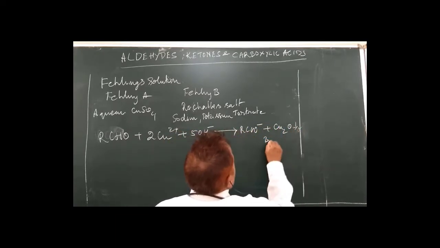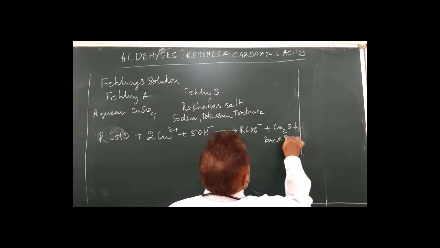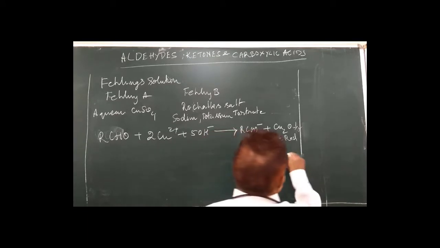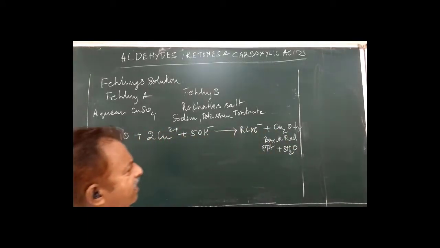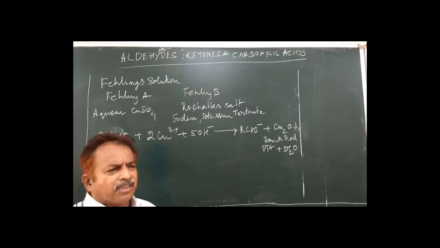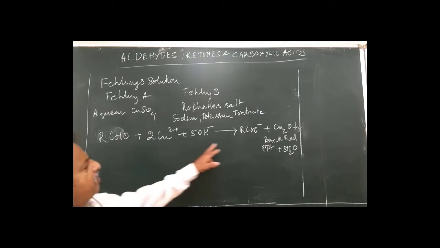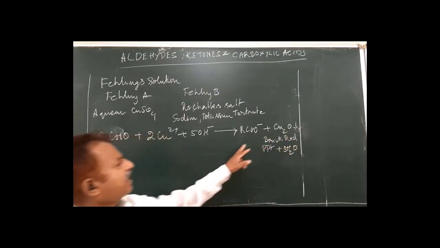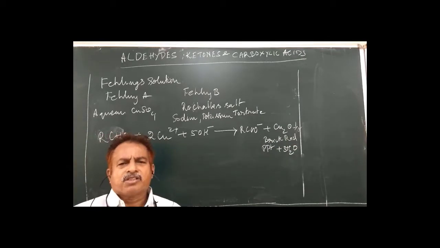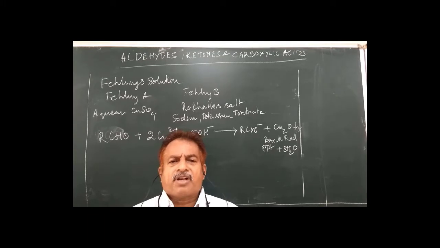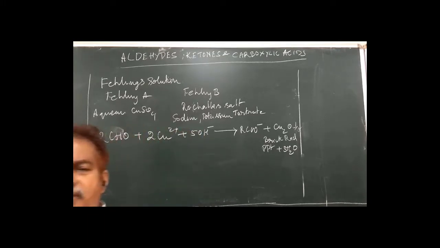This is brick red precipitate of cuprous oxide, and of course here 3H2O. So this is Fehling's solution. Fehling's solution on warming with an aldehyde, we get brick red precipitate of cuprous oxide, and this reaction is not responded by ketones, therefore this reaction is used for identification of aldehydes from ketones.